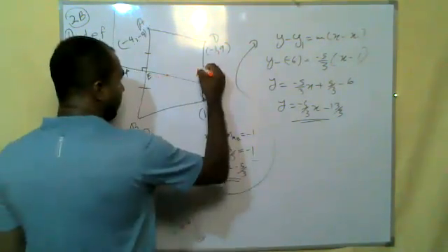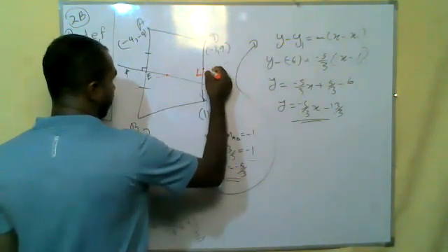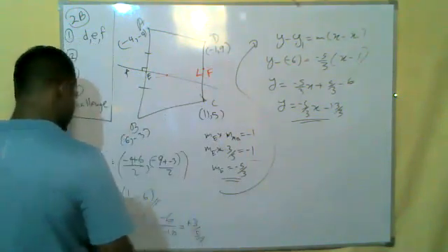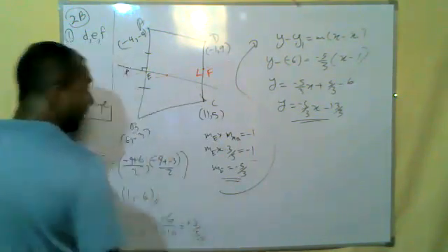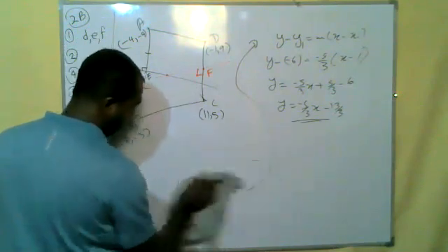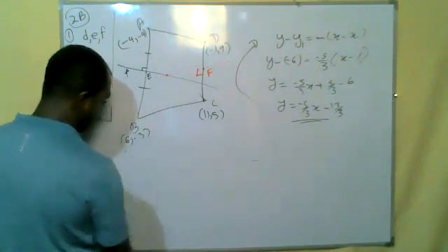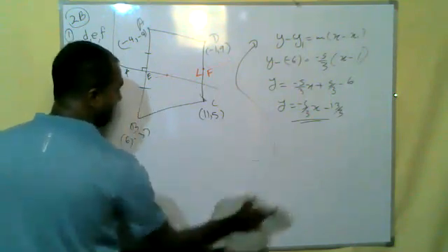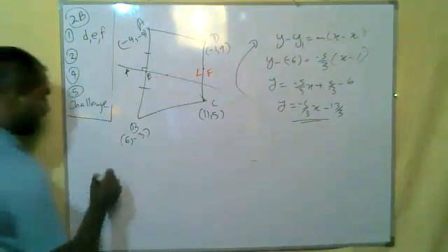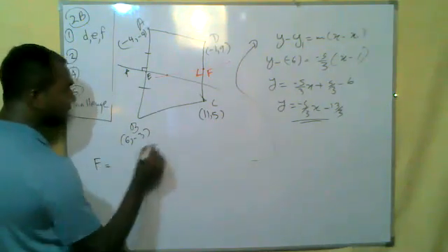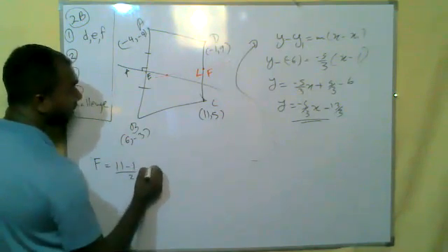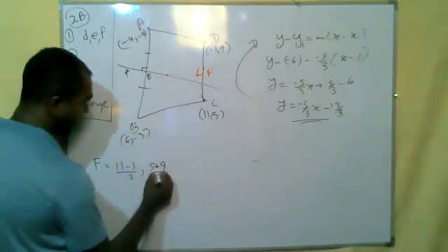I take the midpoint of CD as F. 11 minus 1 divided by 2, 5 plus 9 divided by 2.